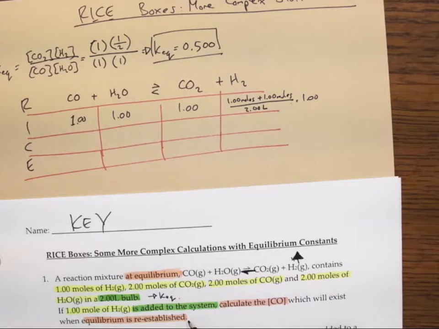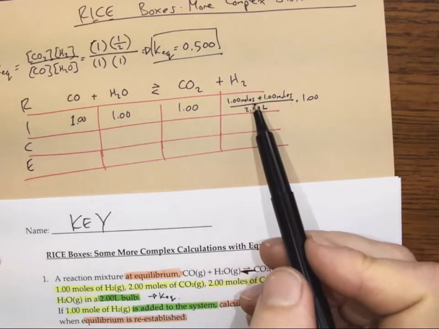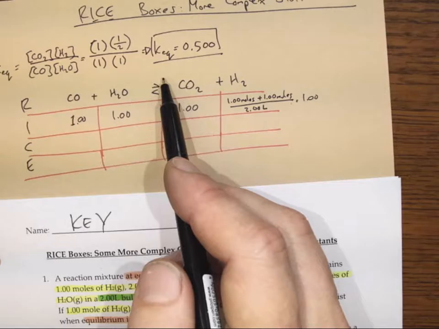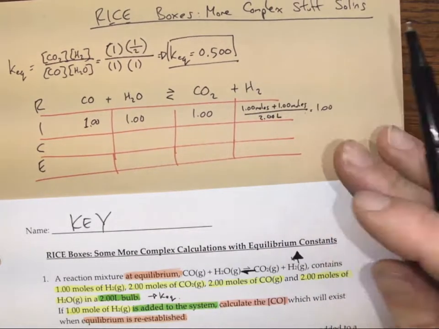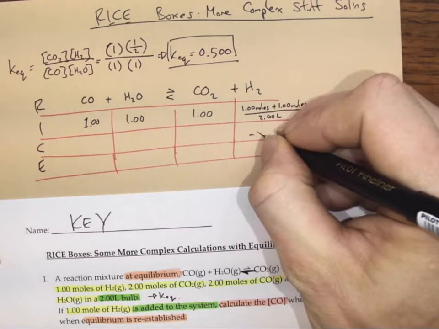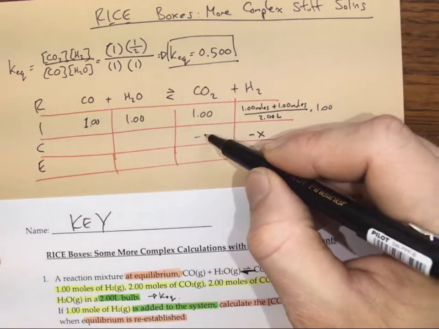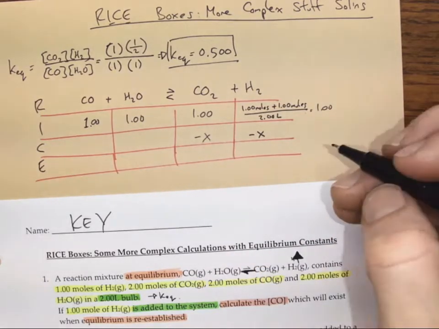All right, and so what do we know? We know this is going to shift to the left because we're increasing hydrogen gas, and to decrease it, to adjust so that we keep this constant the same, we're going to subtract some amount of hydrogen gas, and the same amount of carbon dioxide has to be consumed as a result.